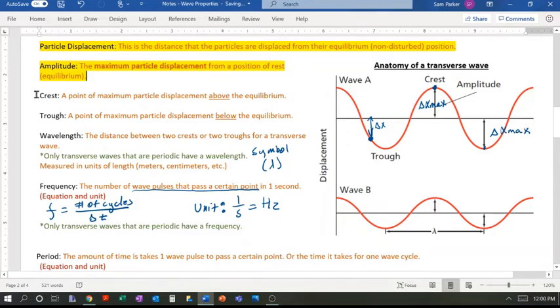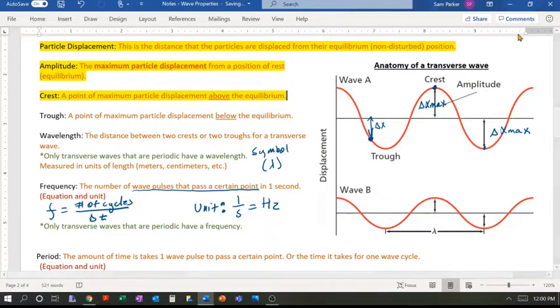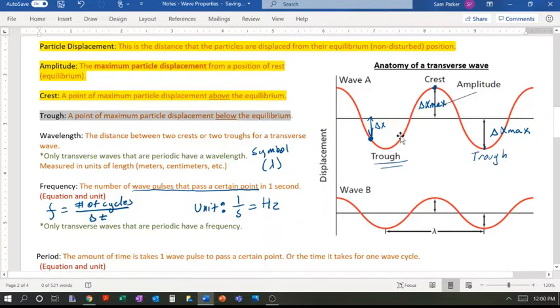Those points of maximum particle displacement above the equilibrium are called crests. So there's a crest, and there's another crest, and another crest. A trough is a point of maximum particle displacement, a point of amplitude below the equilibrium. So here we have a trough, and here's another trough. All right.